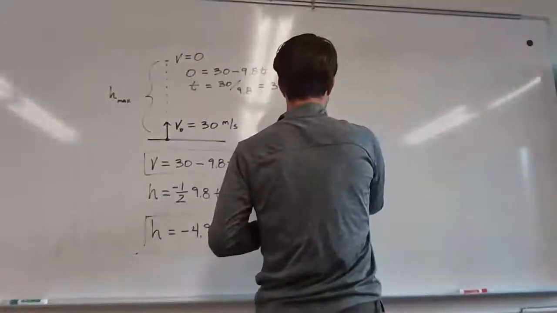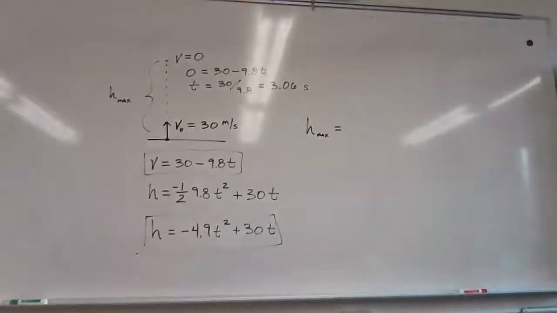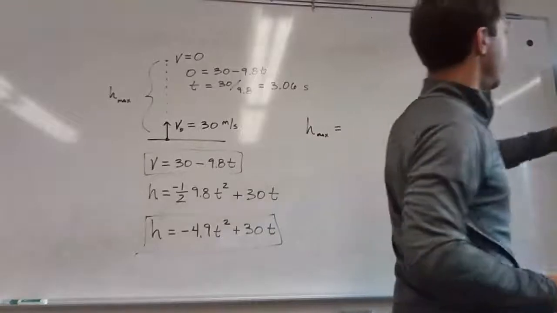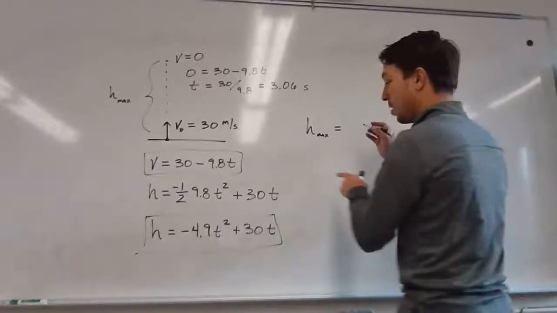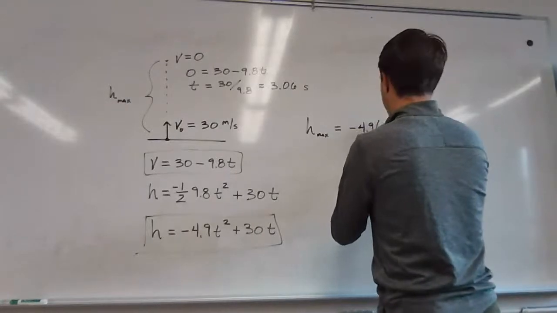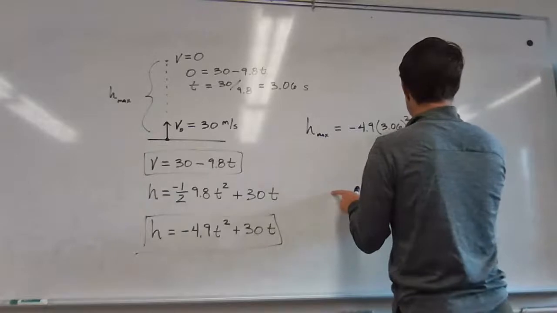So h max, just to clarify here, the answer to D was 3.06 seconds, and the answer to E is this. There's nothing wrong with this method, but this is sort of the vanilla.